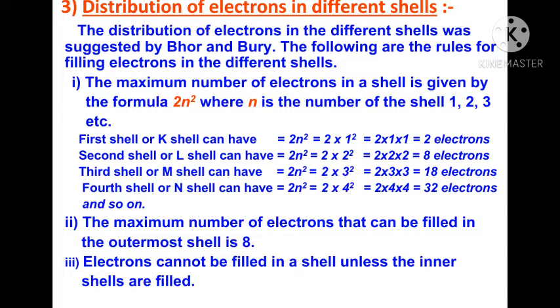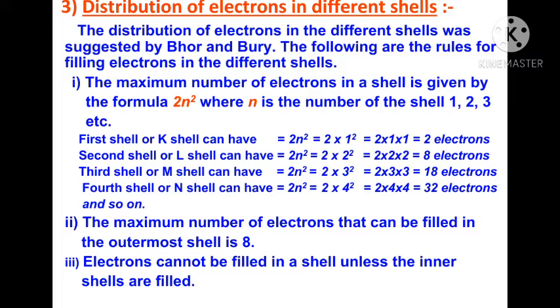Now we shall discuss how electrons are distributed in different orbits, that is shells. The distribution of electrons into different orbits of an atom was suggested by Bohr and Bury. The following rules are followed for writing the number of electrons in different energy levels or shells.